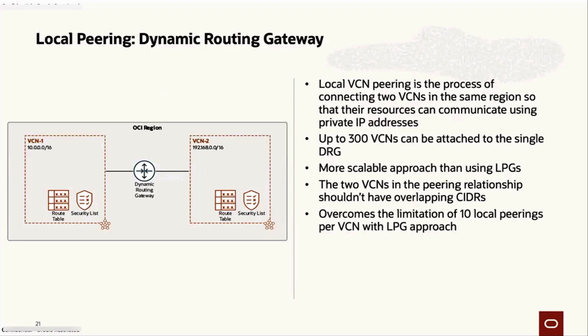We recommend this approach rather than using LPGs because you can attach up to 300 VCNs to the single DRG and hence it is more scalable. Also, you can take advantage of DRG's capabilities to control the traffic more granularly.